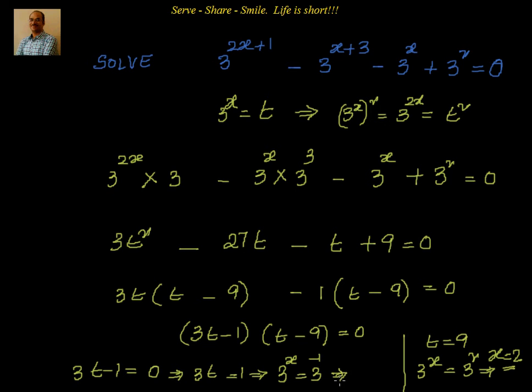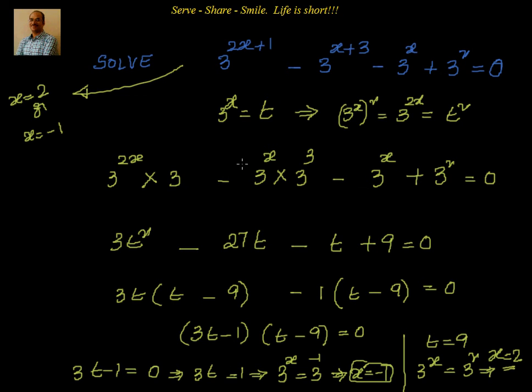That means the other solution is x equal to minus 1. So the values of x which satisfy this equation, the solution of this equation, is x equal to 2 or x equal to minus 1. We can substitute these values in the given equation and we can check.